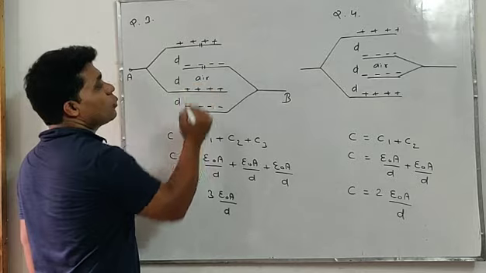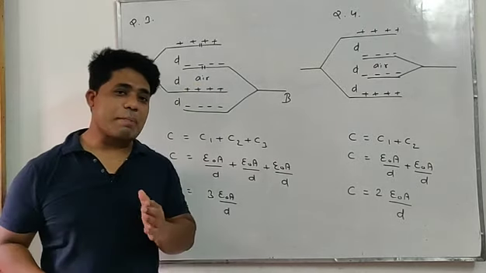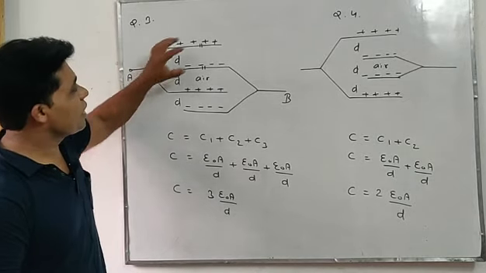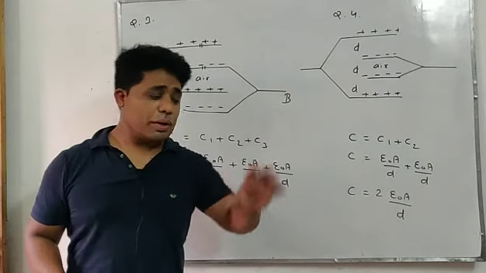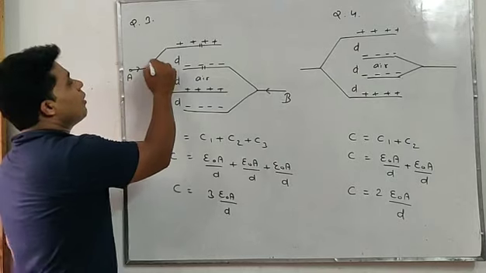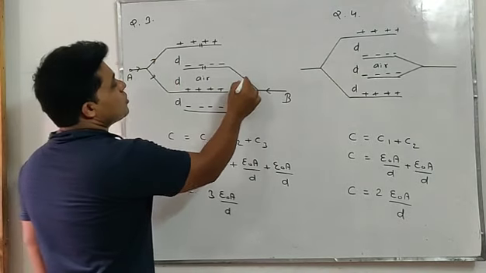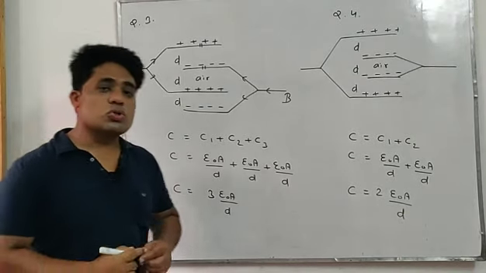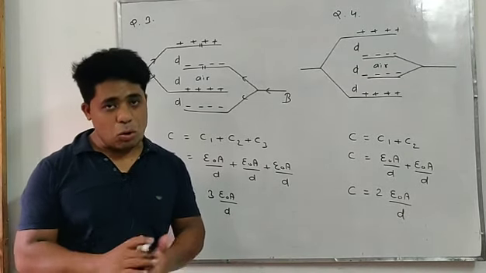Plates are held parallel to each other, and the separation between the plates is small d and small d. So basically it is a parallel plate capacitor. When we divide it in two parts, the charge will divide, so each capacitor has a different charge. So it should be in parallel combination.